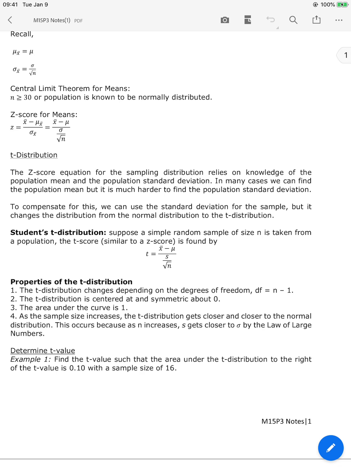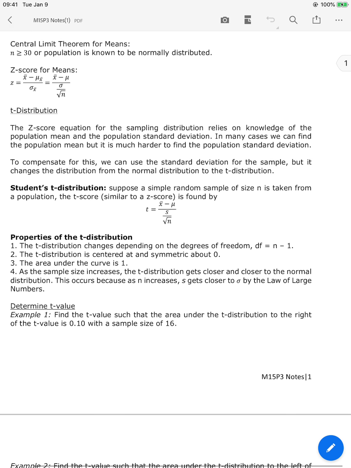It is still centered and symmetric about a t-score of 0, which is the mean. The total area under the curve is 1. But as the sample size increases, the t-distribution gets closer to the normal distribution.